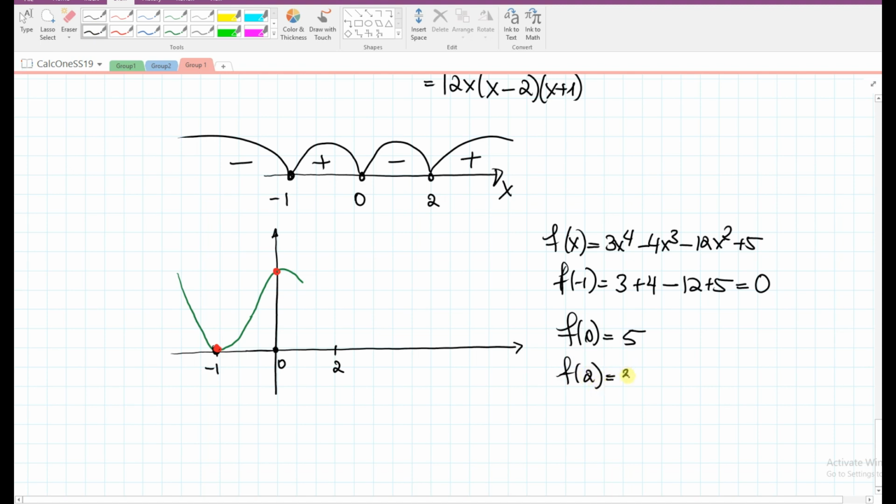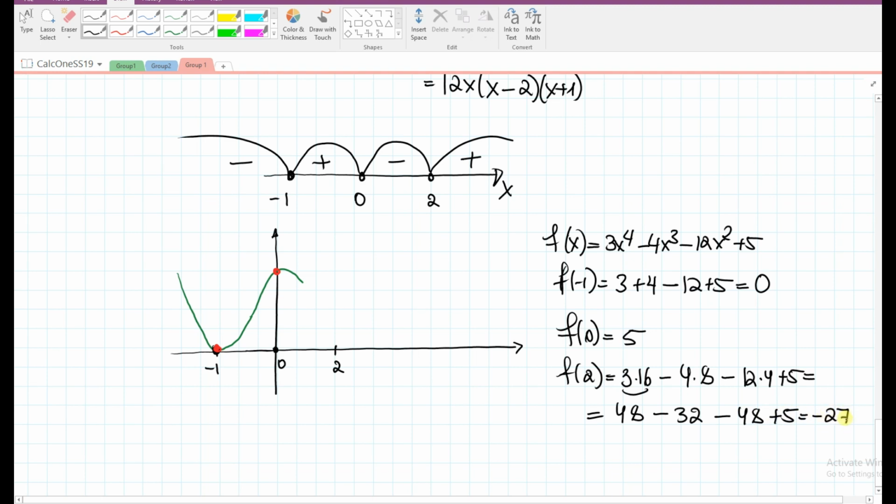Okay, now let us calculate this at f of x equal to 2. So this is 3 multiplied by 16 minus 4 multiplied by 8 minus 12 multiplied by 4 plus 5. Let's do this: 48 minus 32 minus 48 plus 5.